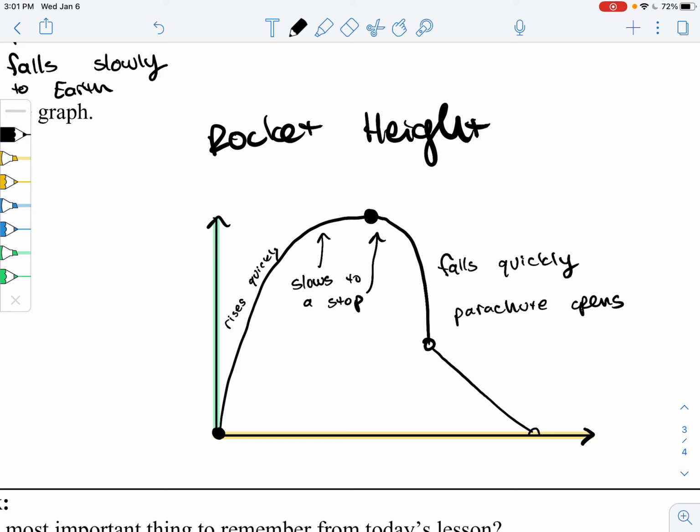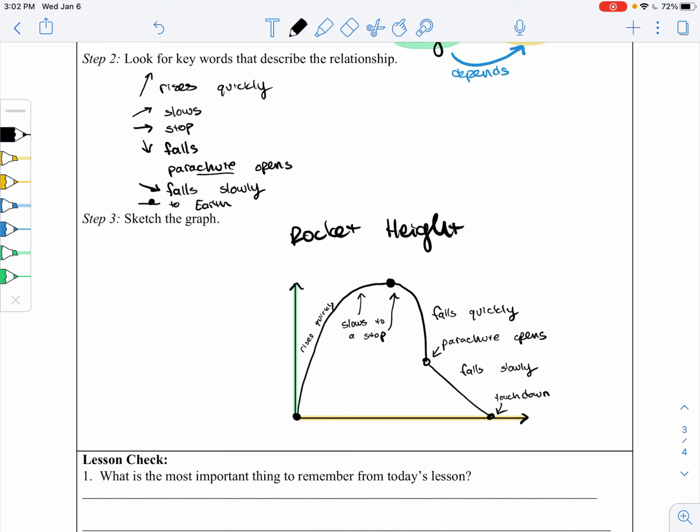When touchdown. It falls slowly. Okay, guys, I got so absorbed in the story that I didn't label this.